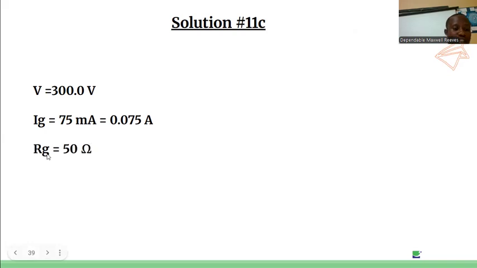RG, the resistance of the galvanometer, is equal to 50 ohms. And we were asked to calculate the value of RS.